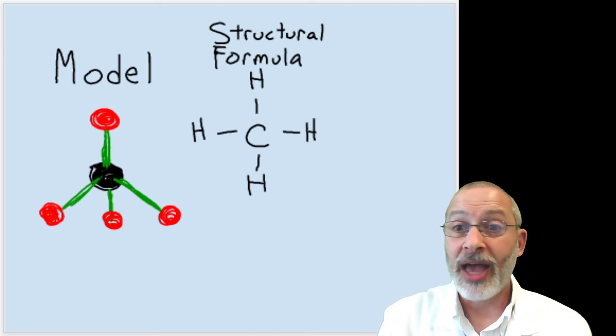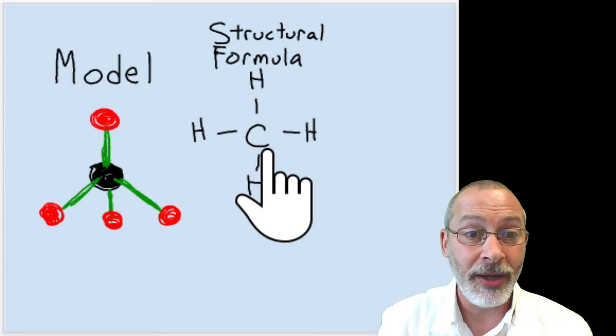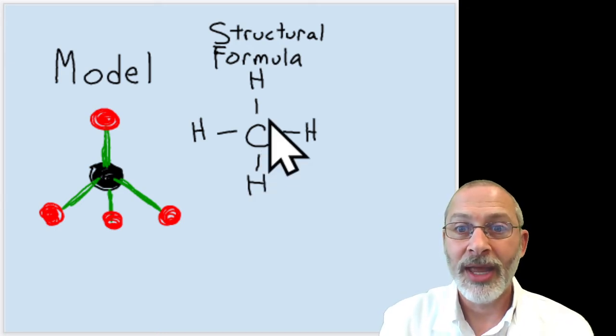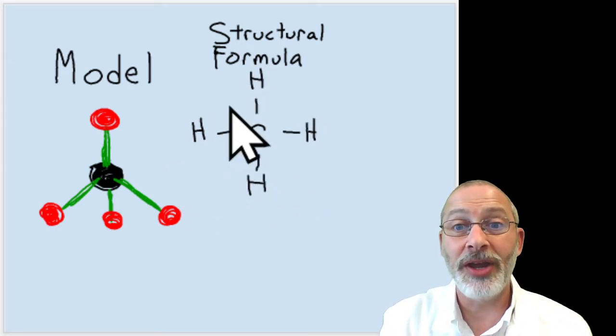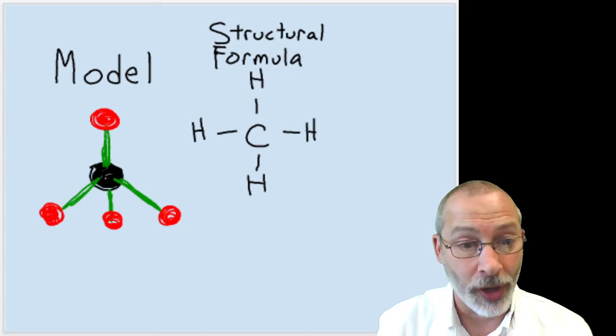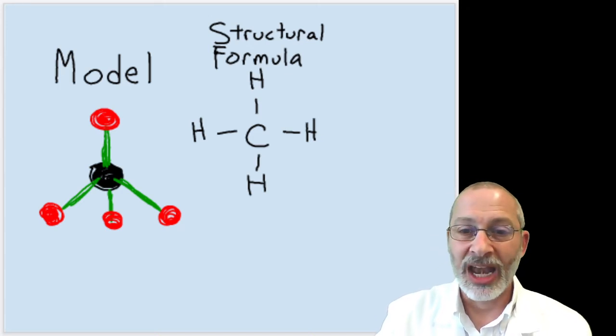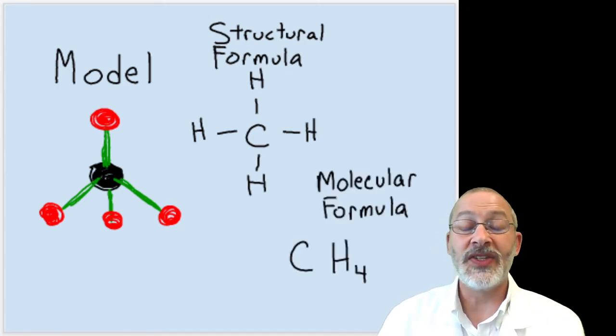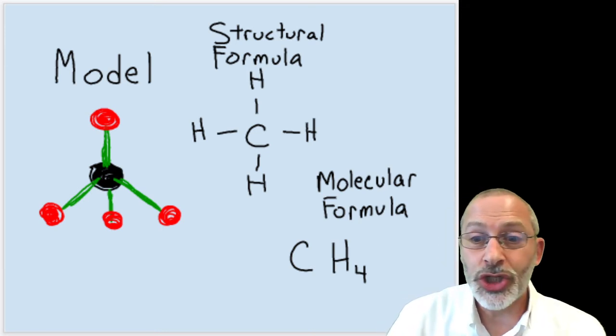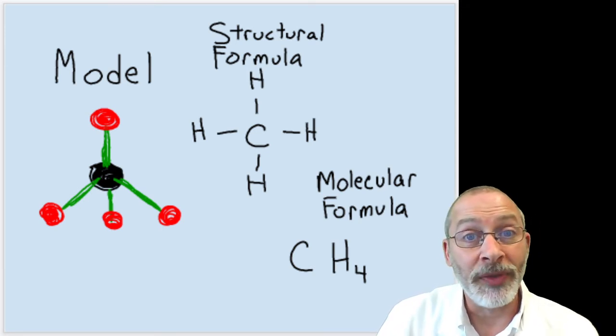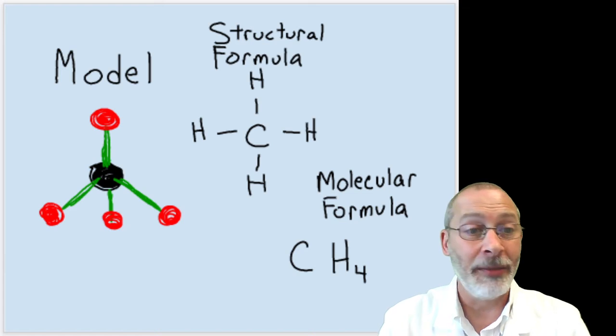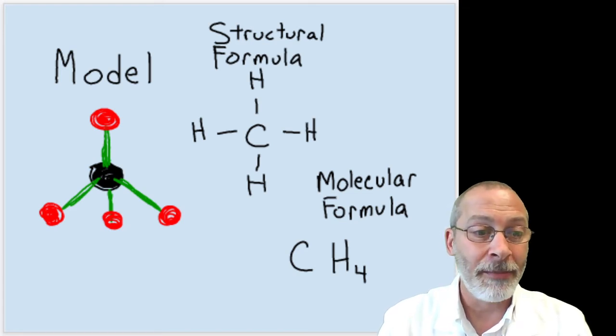So how many carbons are there here, everybody? One. How many hydrogens are there here, everybody? 4. So our molecular formula is CH4. Remember, when there's one atom of an element, we don't write the number 1. The subscript is implied.